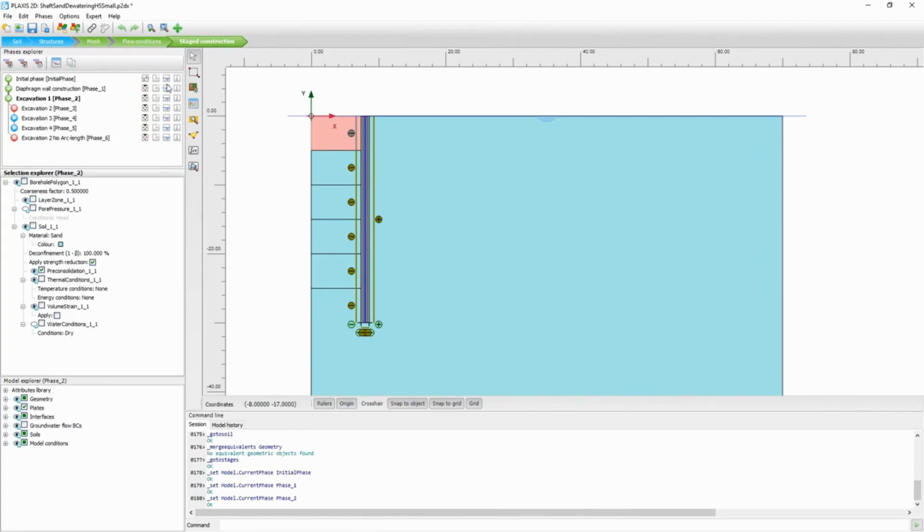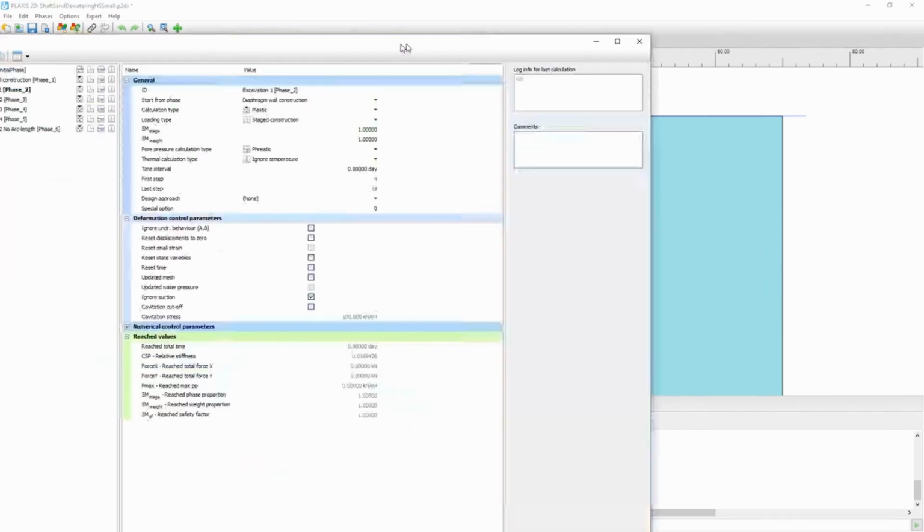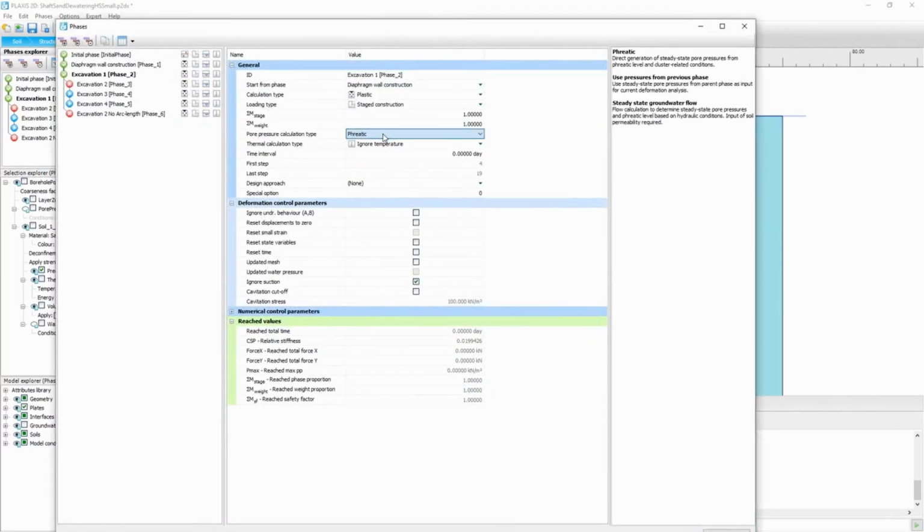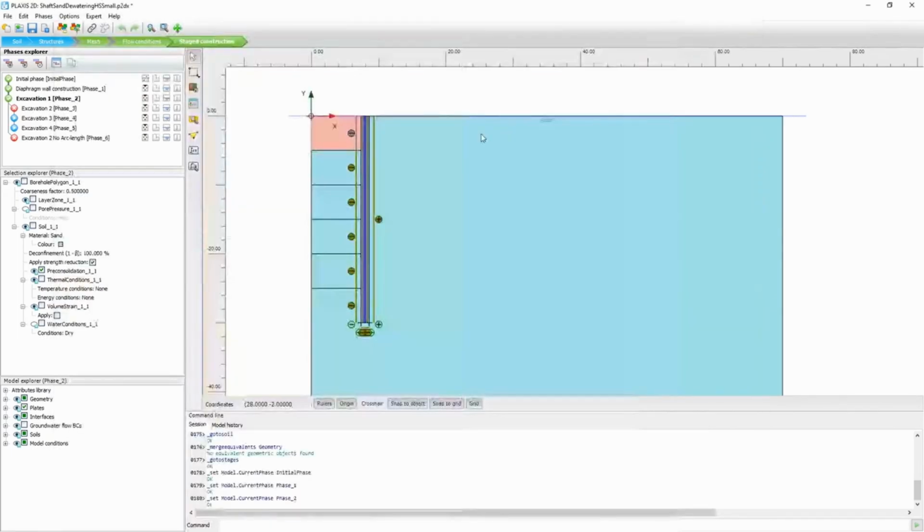For each of the phases, you can recognize here with the logo there, I am systematically using, for pore pressure calculation type, phreatic, you see? This is what the third logo here means, okay? And consistently, I will use this dry.